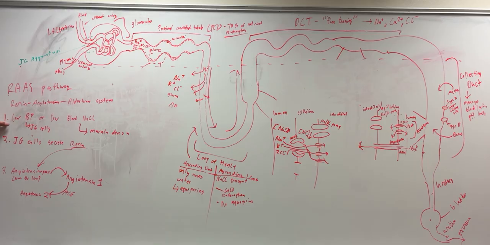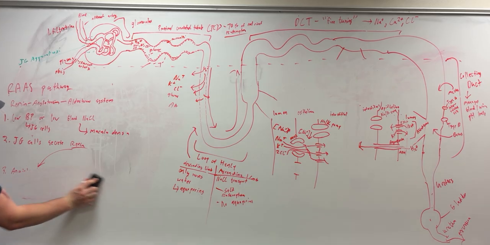So far we had low blood pressure or low levels of NaCl, and then we had the JG cells secreting renin, which converts angiotensinogens into angiotensin 1, which converts into angiotensin 2 thanks to the enzyme ACE. And so angiotensin 2 has a lot of effects. I'm going to erase this and sort of reset here.